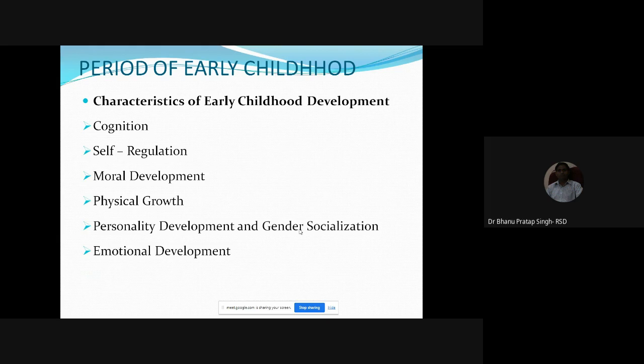So, what are the characteristics of early childhood? First characteristic is cognition, and it is clearly defined by Jean Piaget.